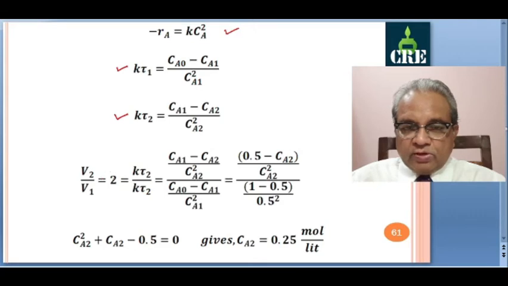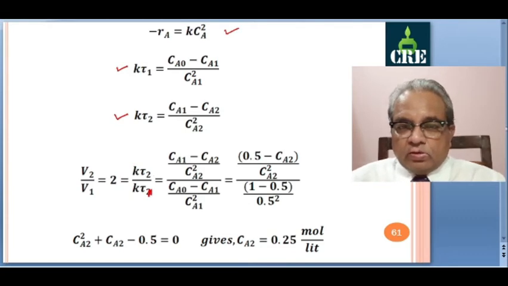We know V2 by V1 is 2. That is equal to K tau 2 by K tau 1. So this divided by this: (Ca1 minus Ca2) by Ca2 square divided by (Ca0 minus Ca1) by Ca1 square. We know Ca1 is 0.5. We substitute. Ca0 is known, 1.